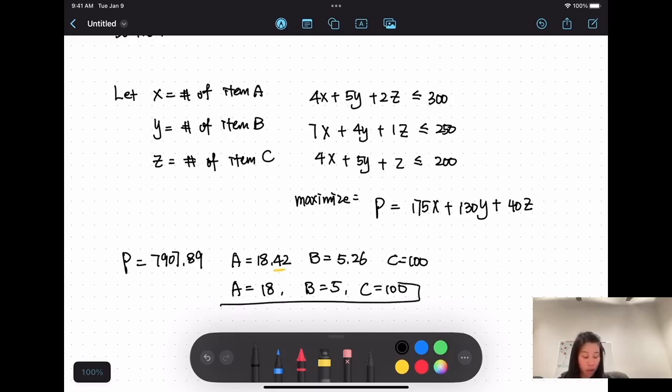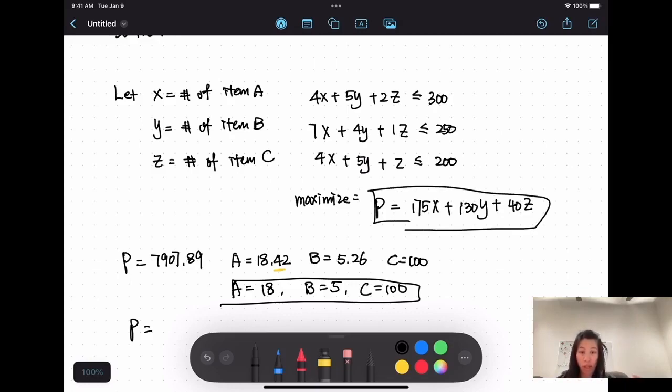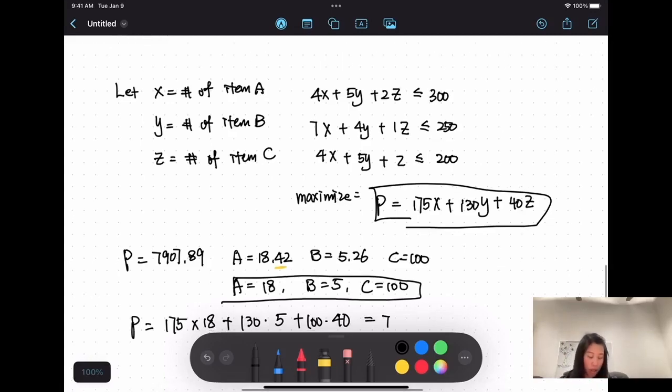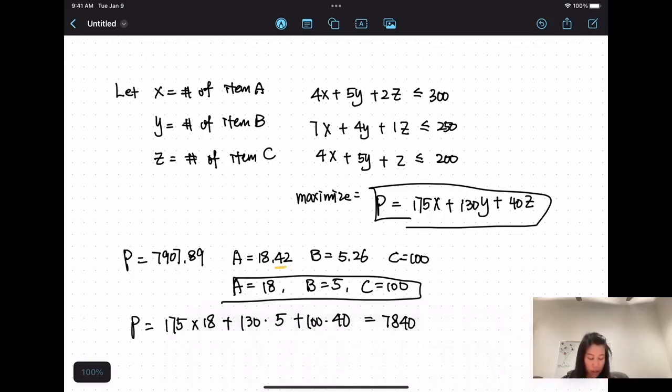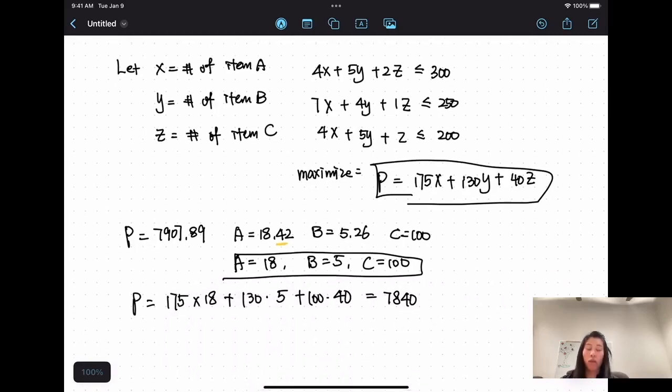And after you round down, you need to plug into the profit function to recalculate the actual profit. The actual profit should be 7,840. I'm going to say this again, why we're doing this: because in real business, we don't want to run out of the raw material or the hours.